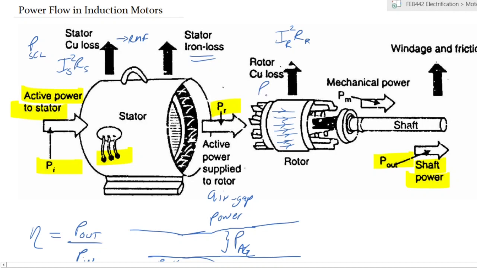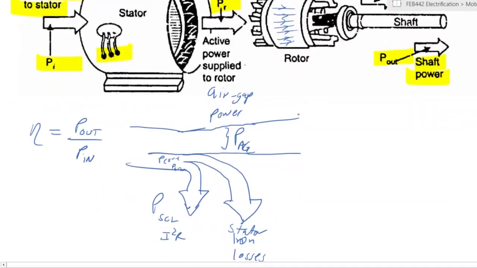So this is called P rotor copper losses, PRCL.